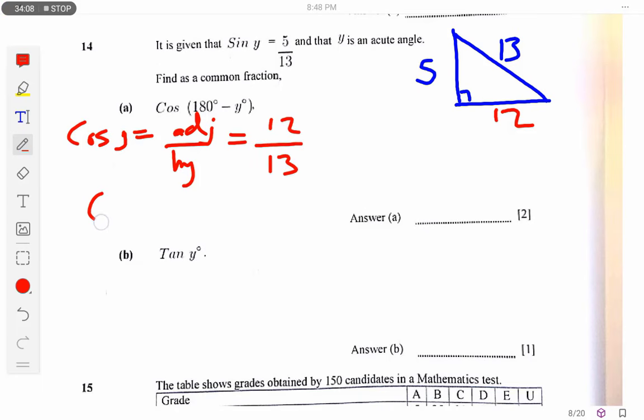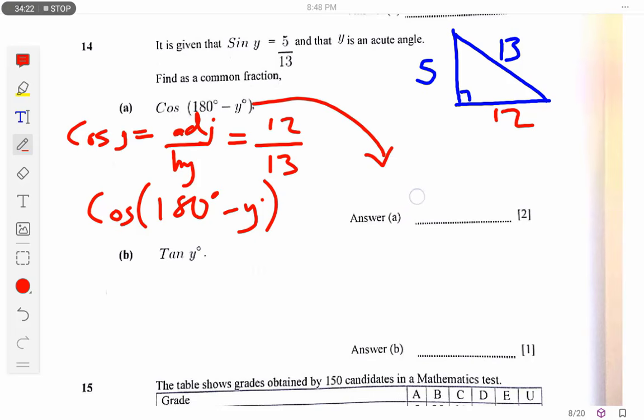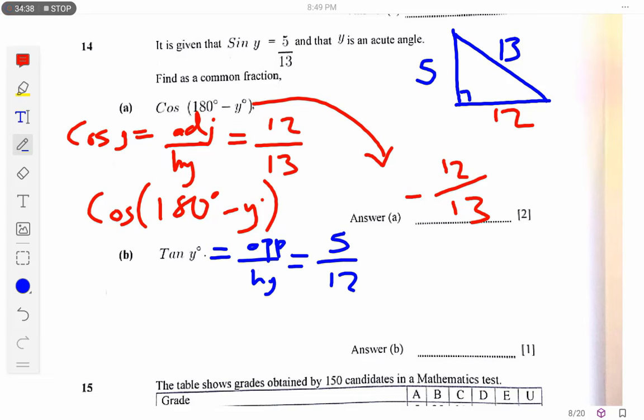Now to get cos (180 degrees minus y degrees), you can simply say it's going to be a minus of this one. So our cos of this is equal to minus 12 over 13. You're finished. Let's go to the last part of the question. Tan y is basically equal to opposite over adjacent. My opposite is 5 over adjacent 12. We are done. That's how we do this one.